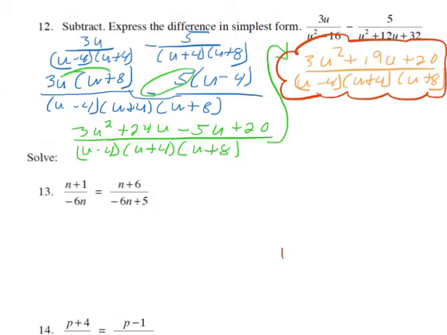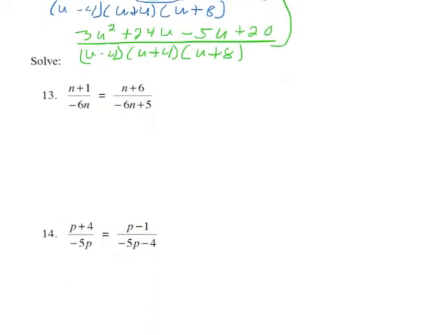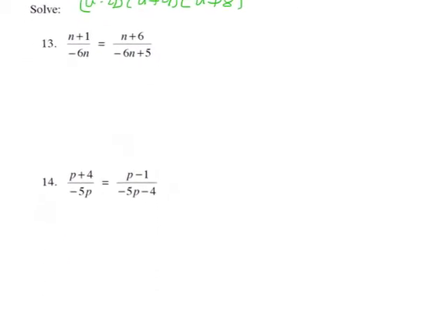Okay, problem number 13. Let's look at that one. Oops, looks like I just drew a line here. So in problem number 13, we have a rational expression over here, with an equal sign in the middle. And what do you do in that situation?